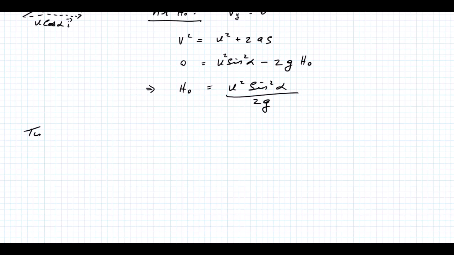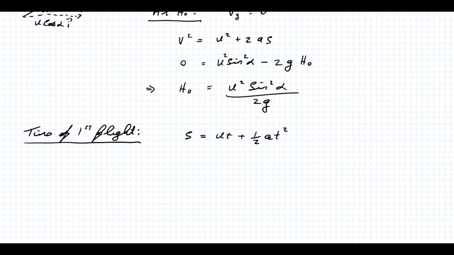So the time of the first flight is going to be, we're going to use s is equal to ut plus half at squared. In this particular case we need the distance in the y direction to be 0.